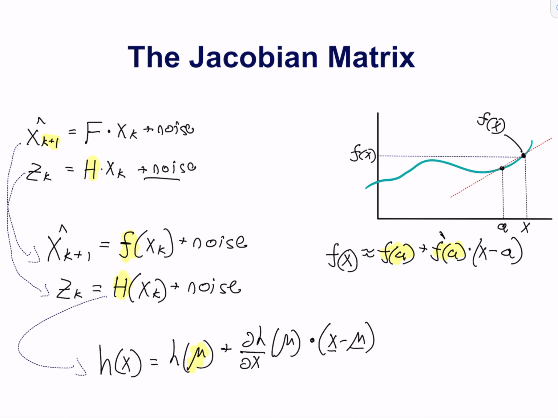Just like the one-dimension Taylor series, where we expand around point a, now we expand around mu. Why? Because this is Gaussian, and when you deal with Gaussians, you assume that most samples will be clustered around the mean, and this is important. So the best point to approximate the function around is mu, and we have covered it already in the previous videos.